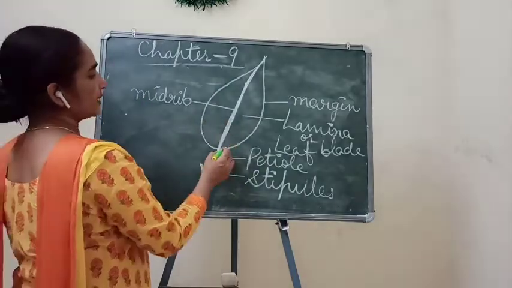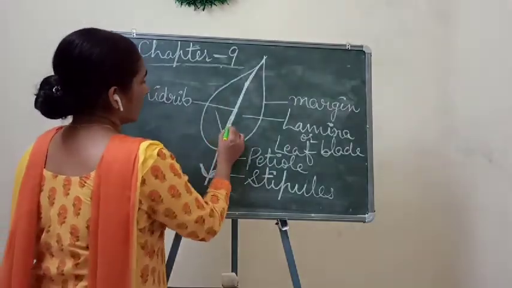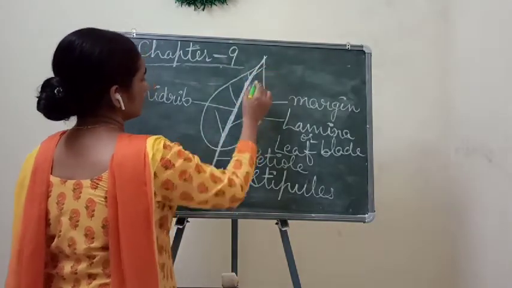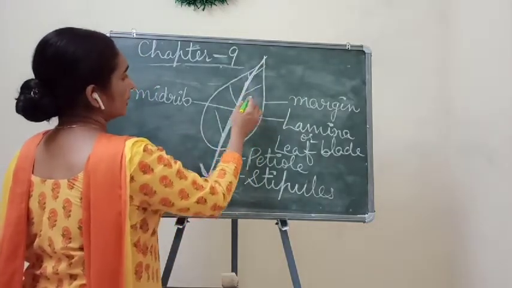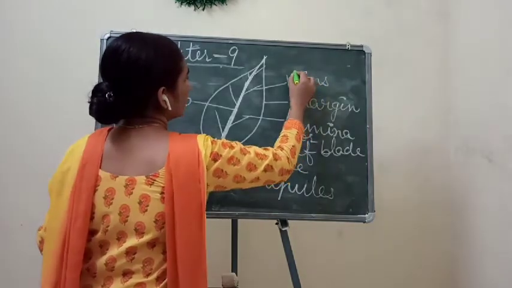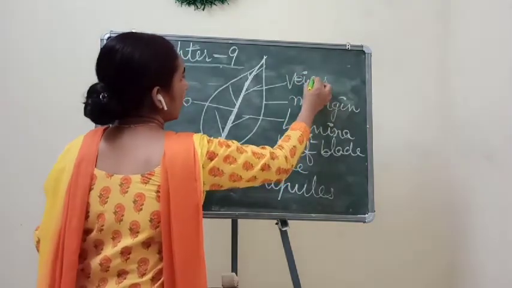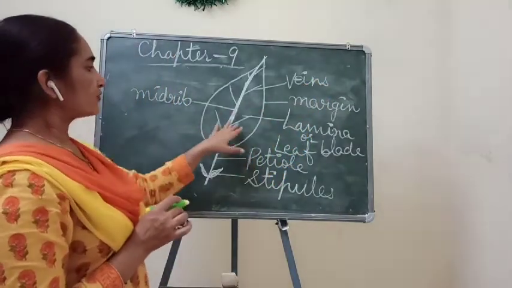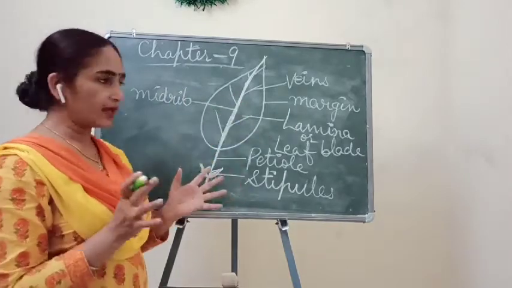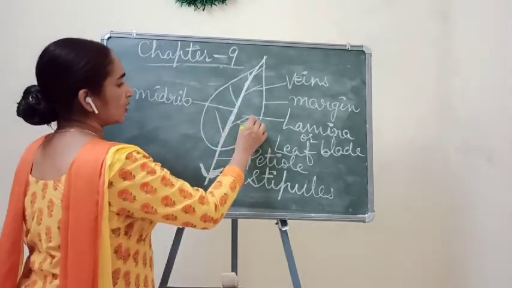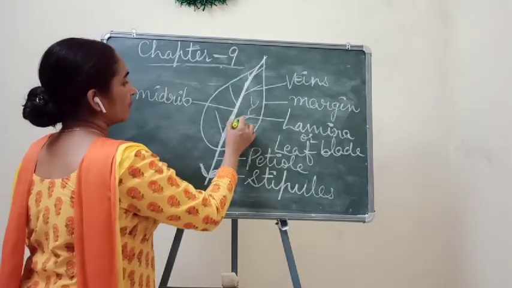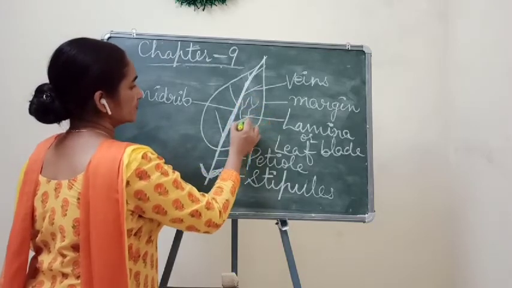From this midrib part, this kind of structure you can see in various leaves. These are called veins. Children, these main branches of the midrib are called veins, and these veins are also again subdivided and make a web-like structure, or network-like structure, in the leaves.